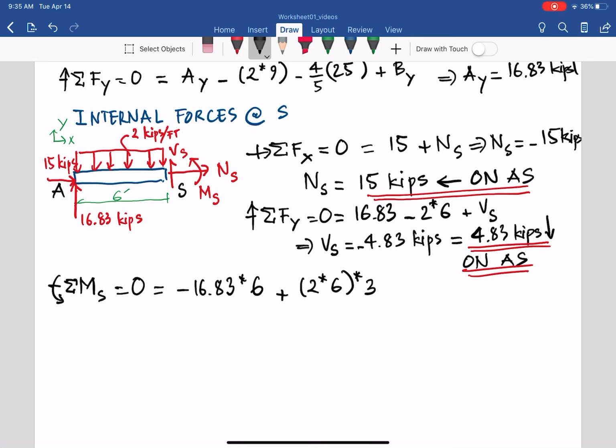And then we add Ms, because we assume on the free body diagram it's positive.